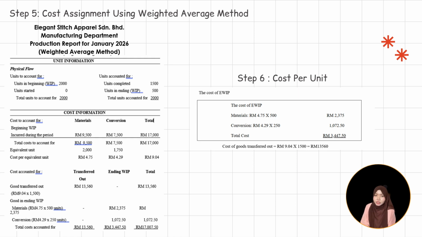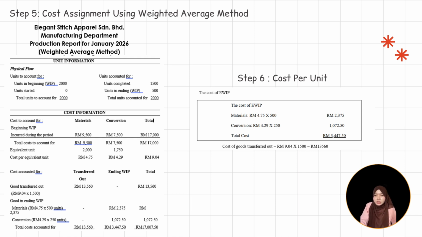Next, in step C, we calculate the cost allocated to our ending work in progress, EWIP for material. We multiply 500 equivalent unit by 4.75 ringgit, which equal 2,375 ringgit. For conversion, we multiply 250 equivalent unit by 4.29 ringgit, which equal 1,072.50 ringgit.